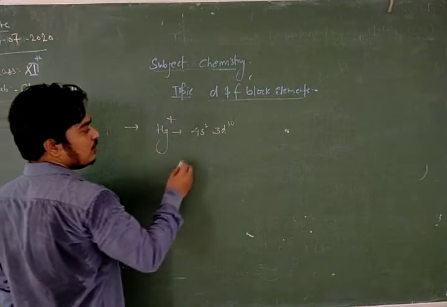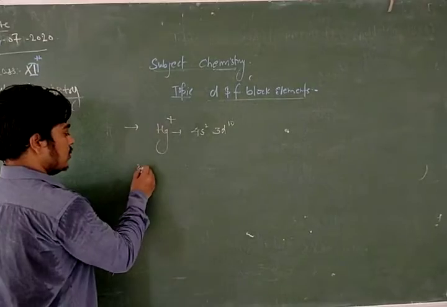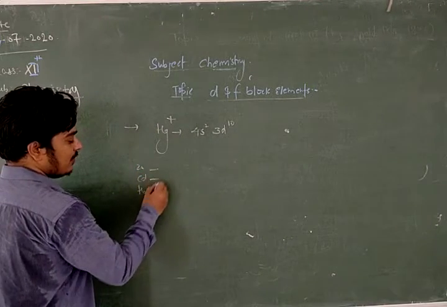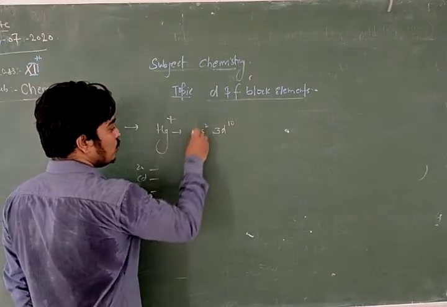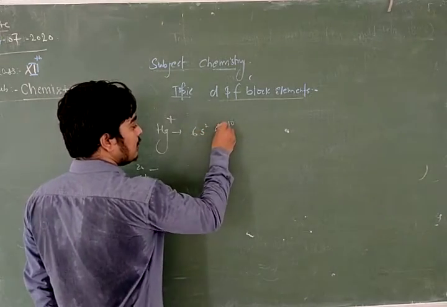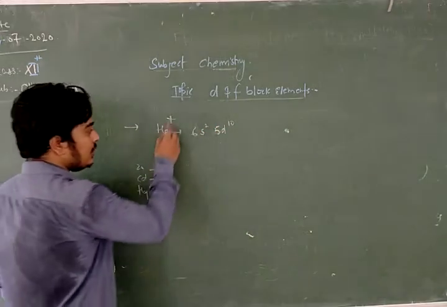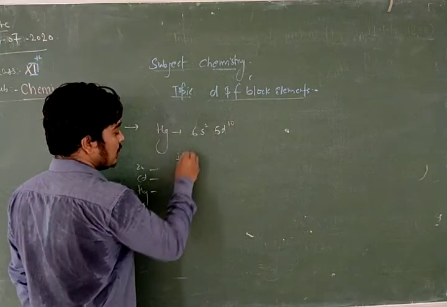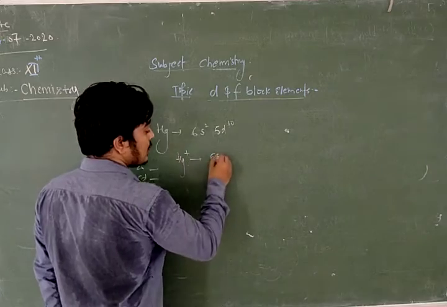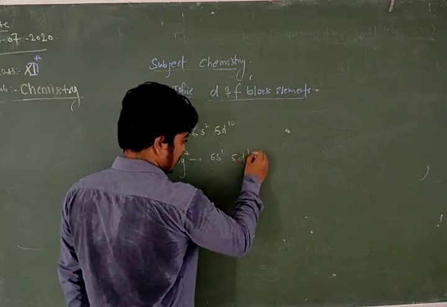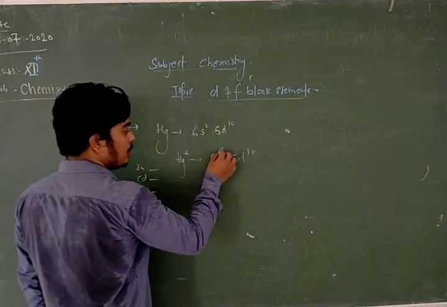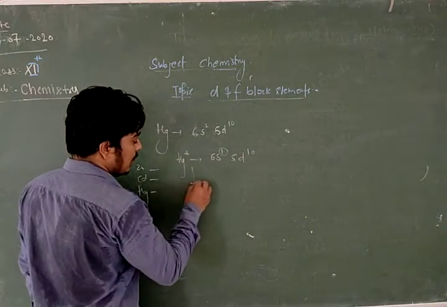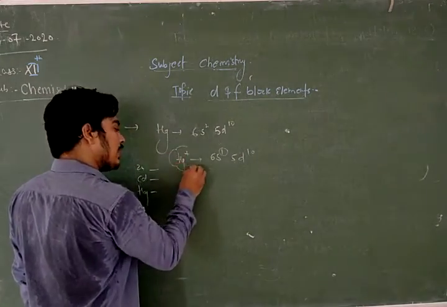In Hg plus form, no, zinc, cadmium, mercury, this is 4, 5, 6, so 6s2 5d10. Isolated Hg is that, and Hg plus will be 6s1 5d10. There is one unpaired electron in 6s, but you have to know that Hg plus does not exist.